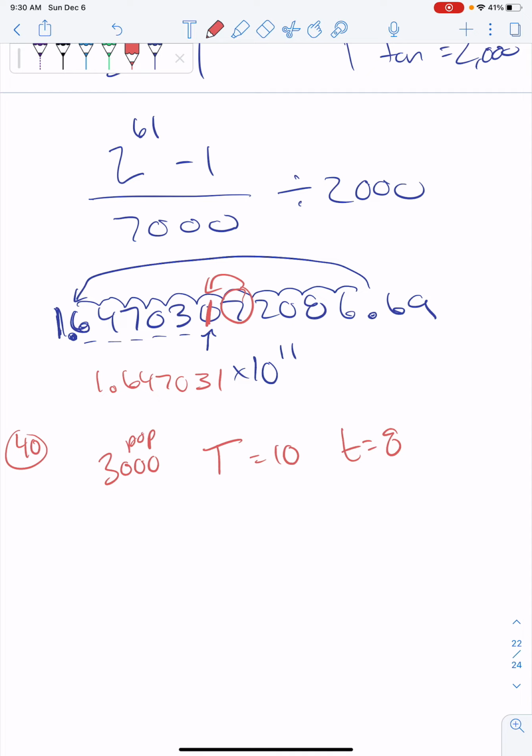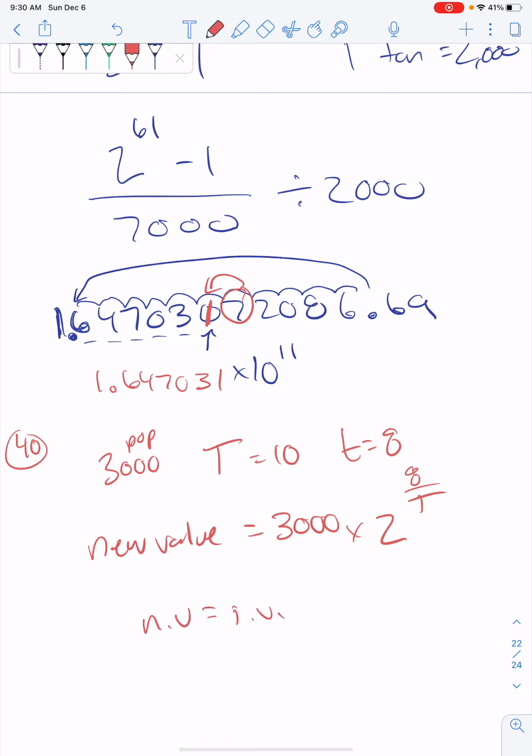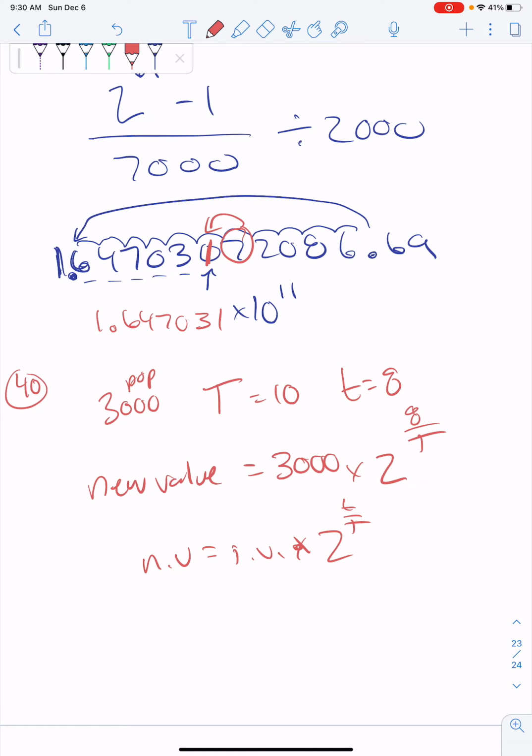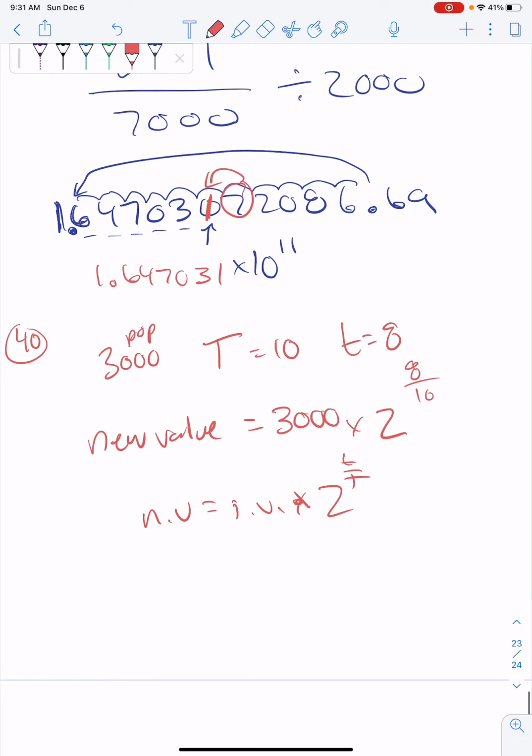So the formula that I'm going to use, my new value is equal to my initial population times 2 raised to the little t over big T. My new value equals the initial value multiplied by 2 raised to the little t over big T. And big T is 10.